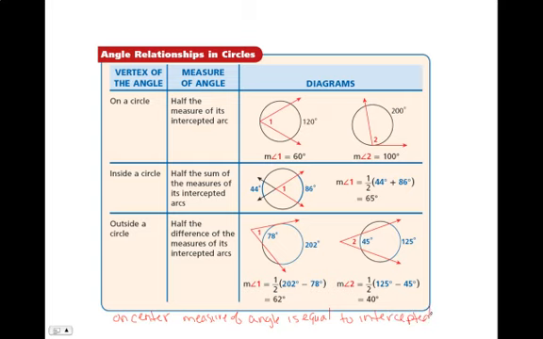So these are all the different types of angles you could have in a circle and the relationships they have here. Remembering this one is an inscribed angle. This one down here is a central angle. This is all information you may have on your note card.